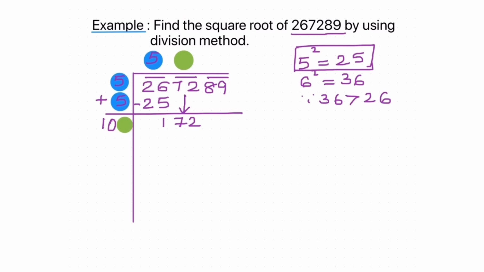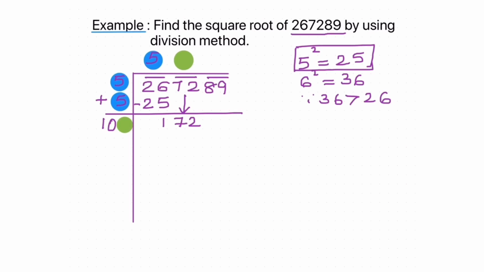Now, the product of this new divisor and that digit in the quotient should not exceed 172, which is our dividend. So, we will be using trial and error method to find that largest possible digit.